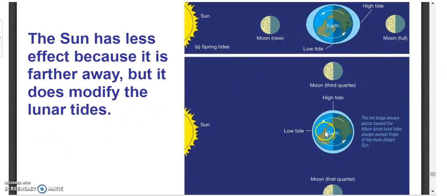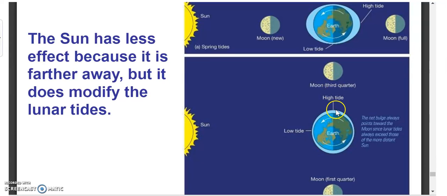If the Earth and the sun and the moon are at a right angle, or 90 degrees from each other, then the gravitational influence of the sun is decreasing the effect of the tides caused by the moon. It's basically countering what's going on with the moon, and so these are called neap tides.